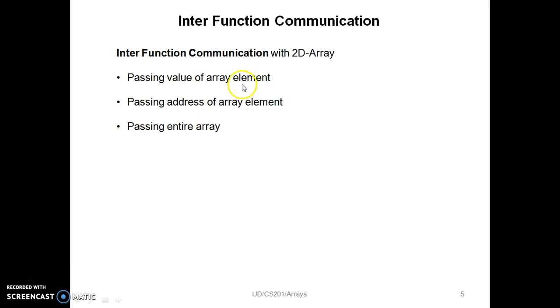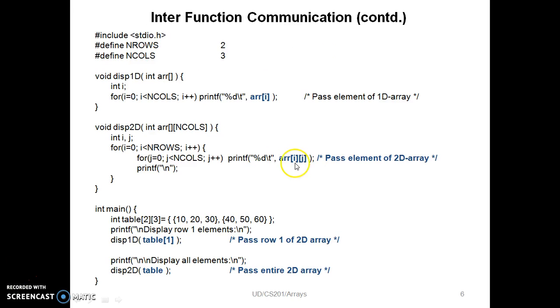Just like one-dimensional arrays, functions can pass arrays in 3 different ways: passing a specific array element, passing the address of the array element, and passing the entire array. Please check the examples here.